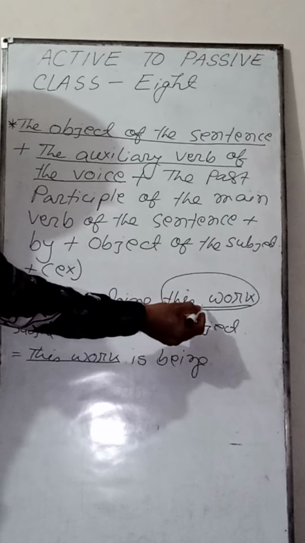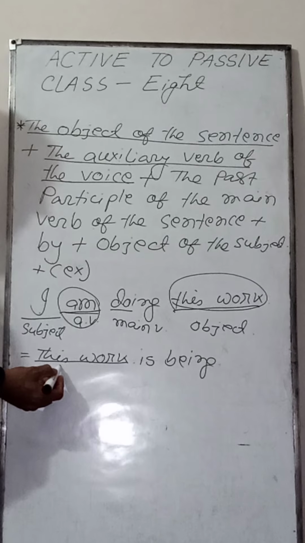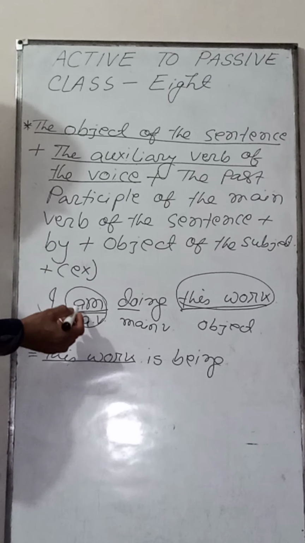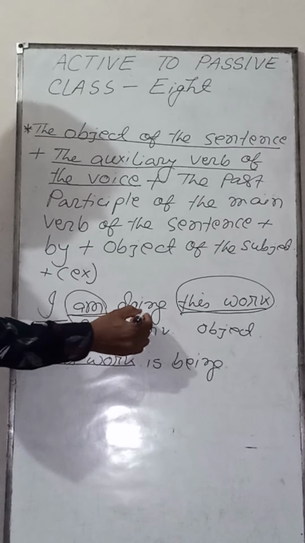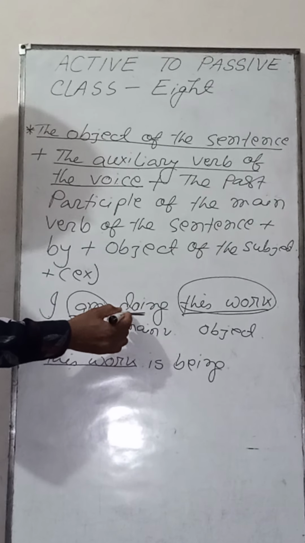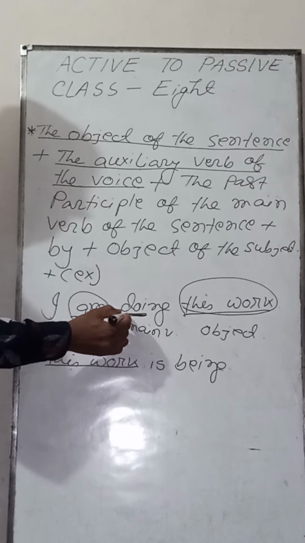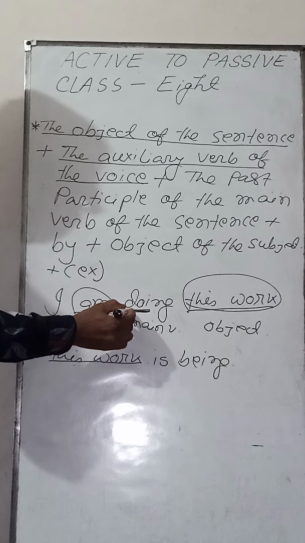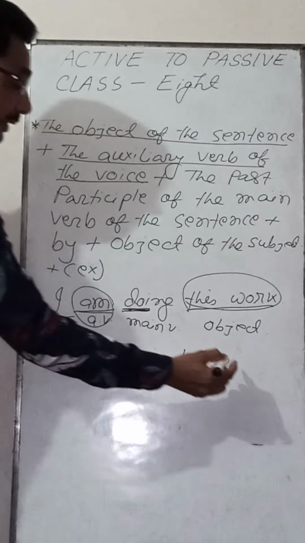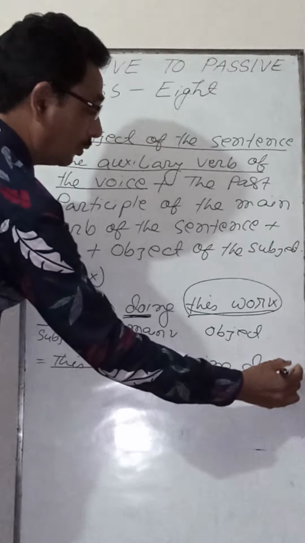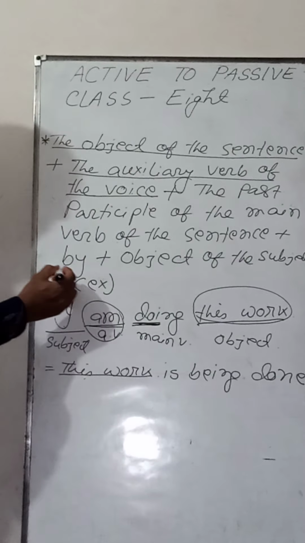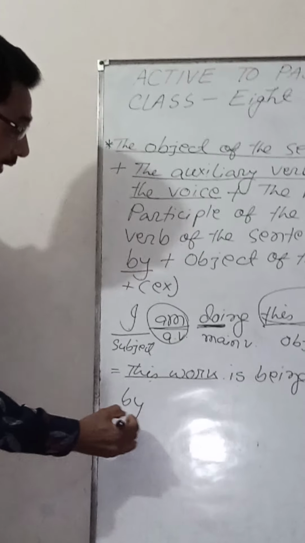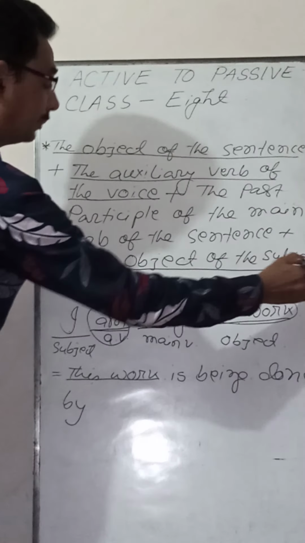Now first you have to write the object here, and then you have to write the auxiliary verb of the voice. Then you have to write the past participle of the main verb of the sentence. Here, do is the main verb. The past participle of do is done. Do, did, done. Then you have to write by, and the object of the subject.